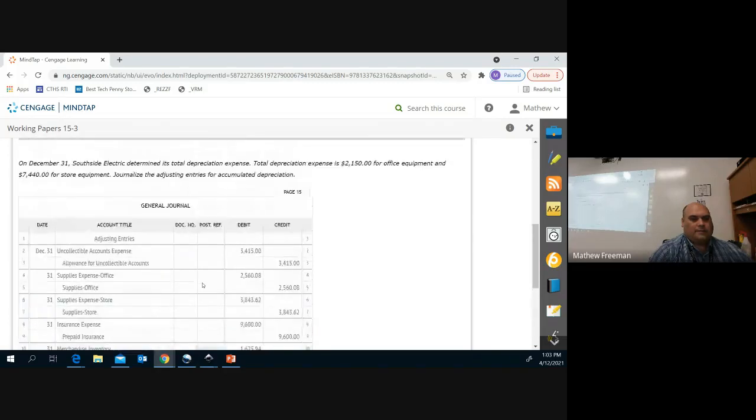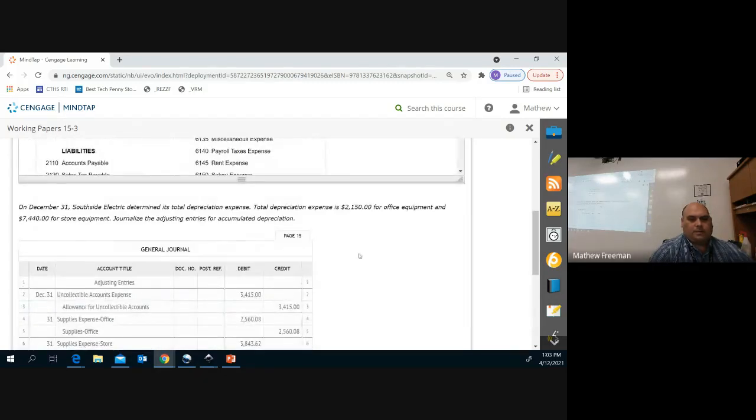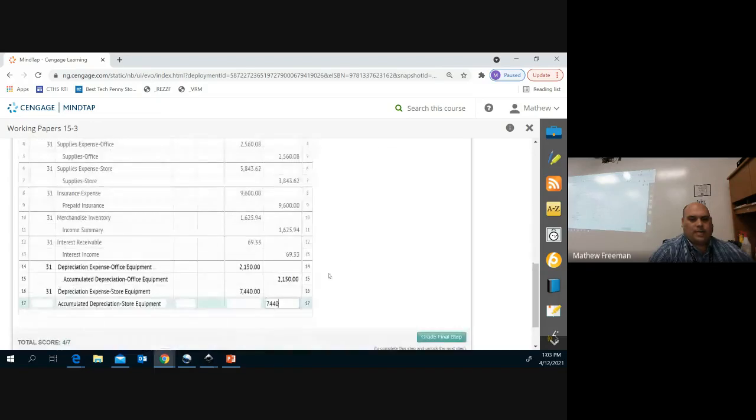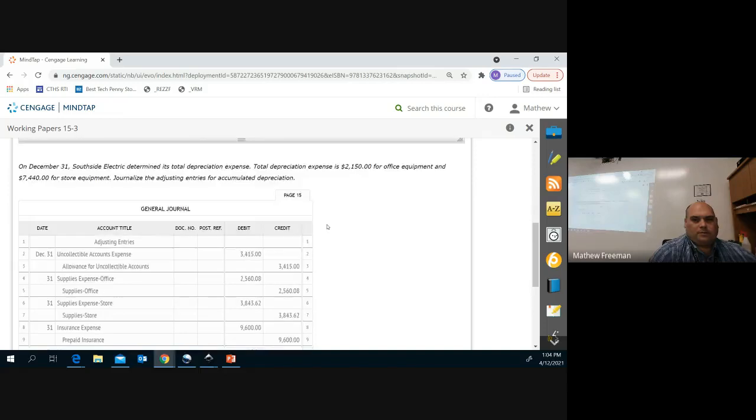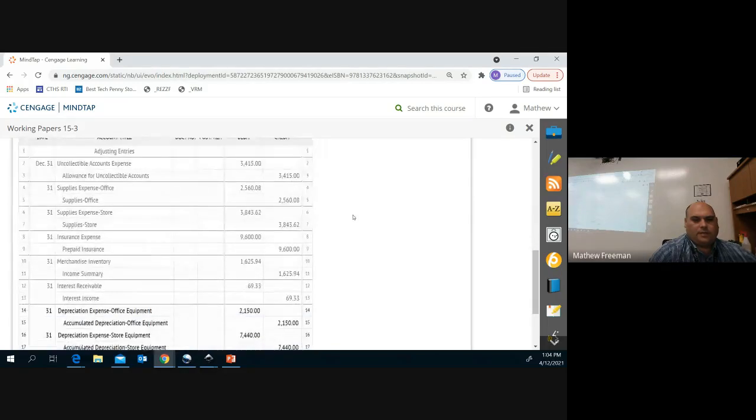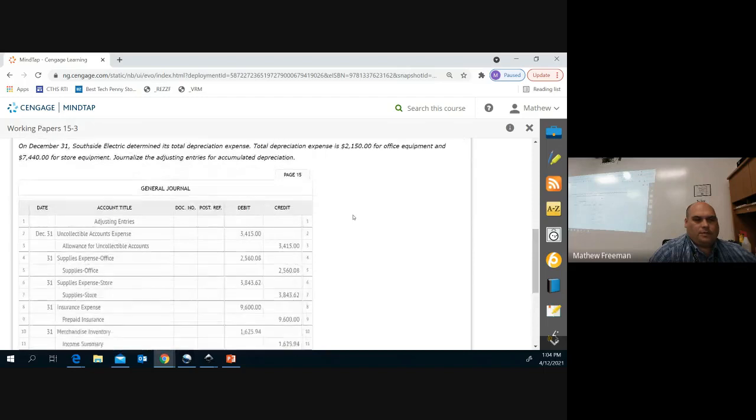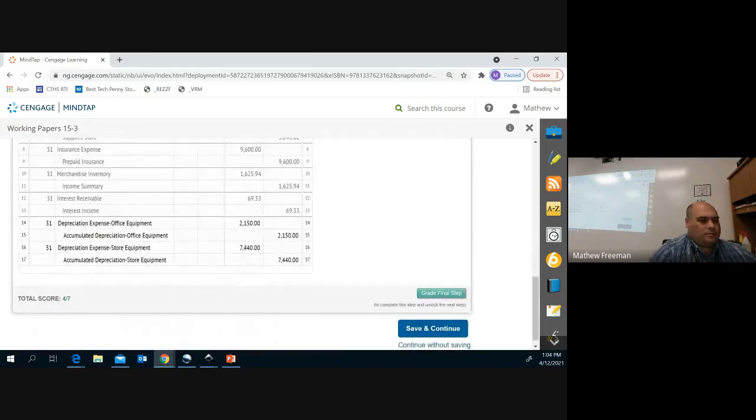So we're taking out, you know, we have to move our assets into expense. And so this is why we're crediting out the asset. We're crediting the asset out, and then we're debiting into our expense account so we can increase that. So when we get ready to remove them, that is the final step that we have. It was office equipment, 22,150, and 7,440 with store equipment. Looks like we got everything correct.